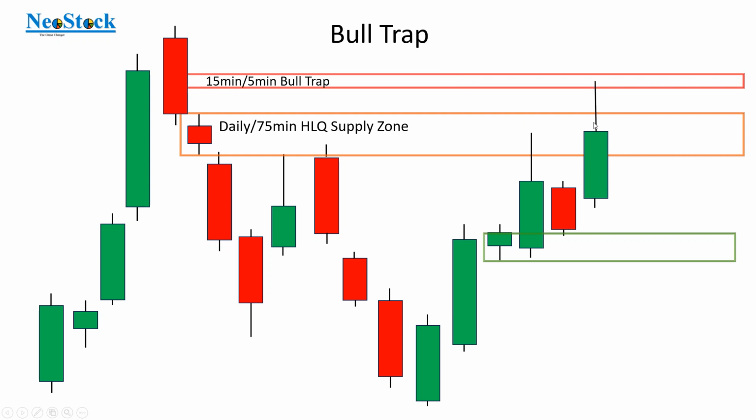So the zone is pierced mainly because of the bull trap. See, everything will happen in just a few minutes, because all the stop losses are happening at the same time. Your stop loss, my stop loss, everybody's stop loss will be triggering at the same time, because we are all trading according to the demand and supply zones. The system analysis will be the same for all of us.